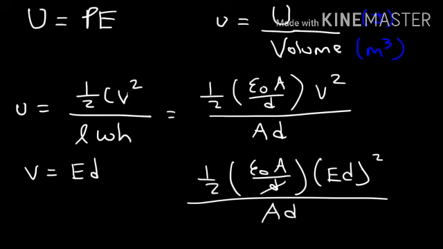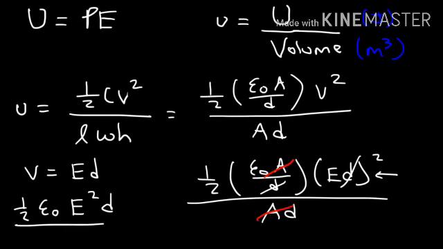So we can cancel D, and we can cancel A. So now what we have left over is 1/2 epsilon sub naught E squared. We still have one D value left over, and there's a D on the bottom, so those can be canceled as well. So therefore, the energy density, which is represented by lowercase u, is 1/2 epsilon sub naught times the square of the electric field. So the energy density stored in a capacitor is dependent on the electric field.